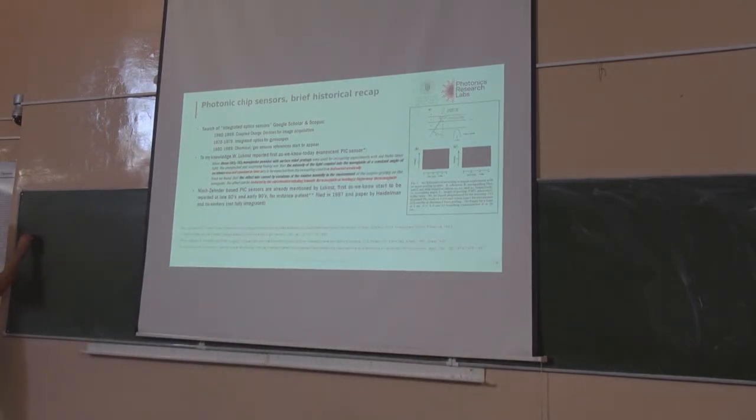Basically, if you have an optical waveguide and the light is contained in your waveguide and travels in that direction, and you make a corrugation of your waveguide here, when light reaches this area, it's scattered out in a given direction.